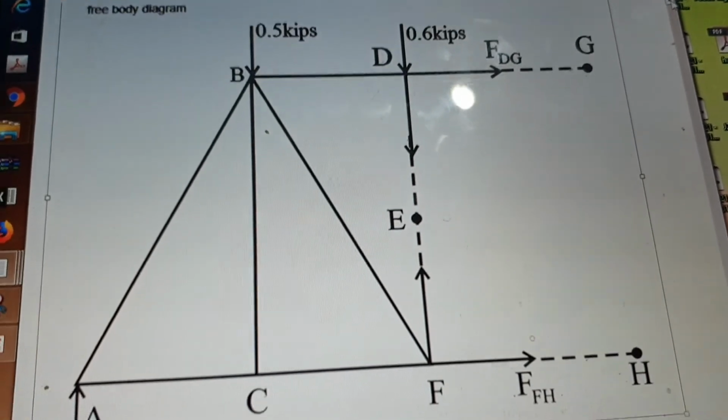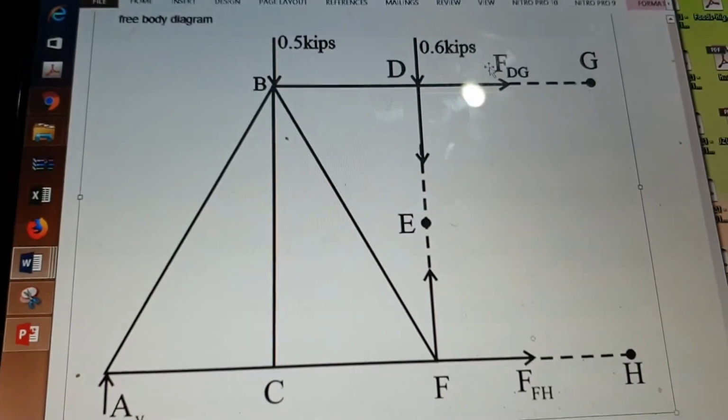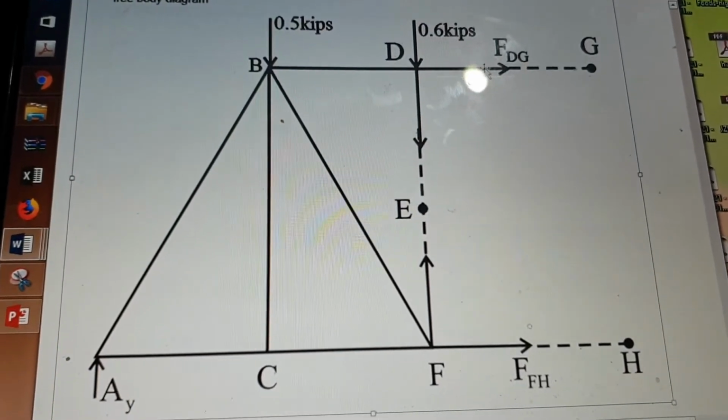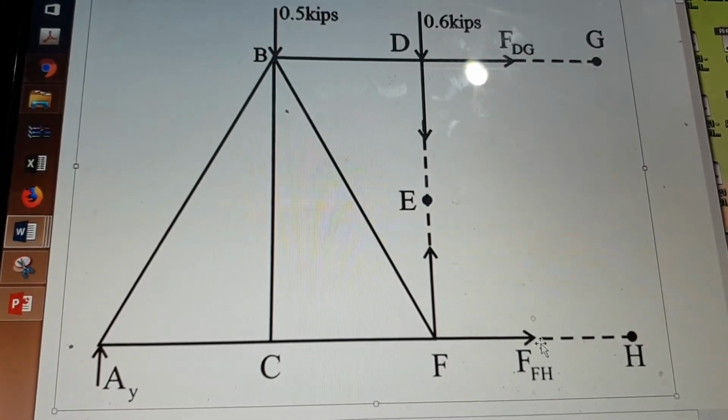what is the best point to take so you could find the other? Remember, he needs to know DG force, FDG, and he wants to find out FH.